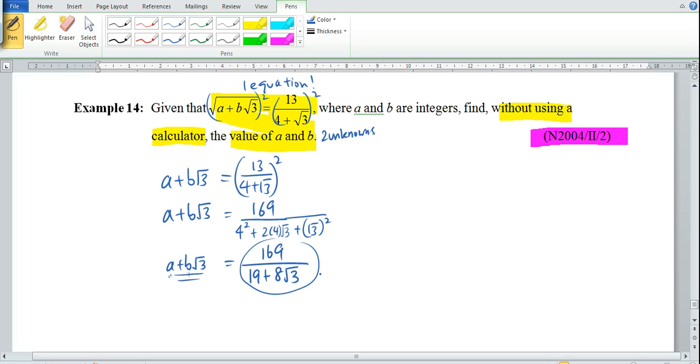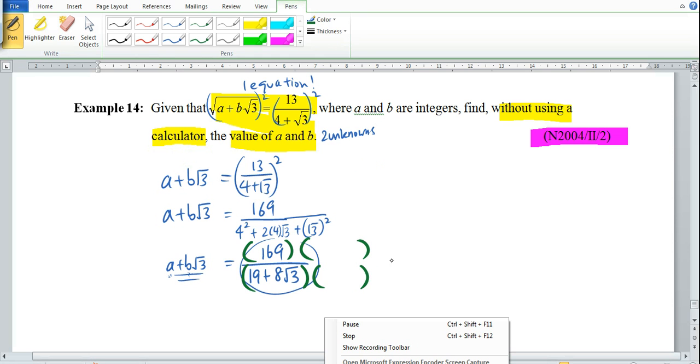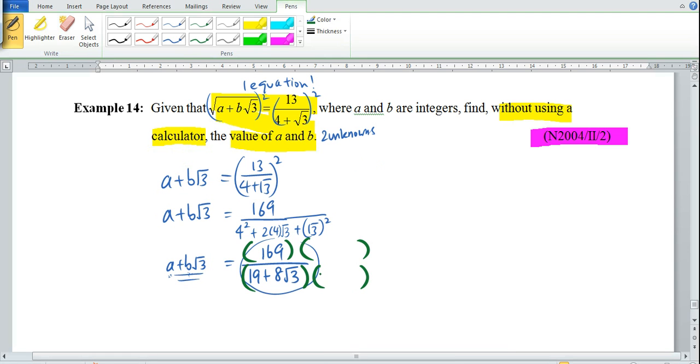But on the right hand side, I'm going to use another method, which is what we have covered under rationalizing. If I multiply up and down with the conjugate of the denominator, 19 minus 8 square root 3, so up and down I multiply with the same thing.